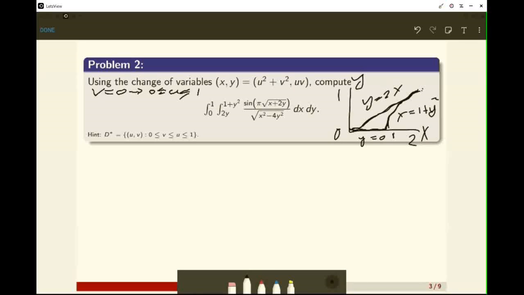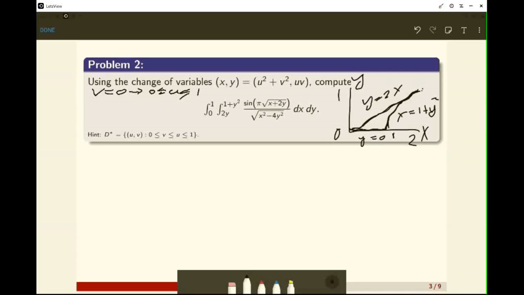Then this curve x equals 1 plus y squared is admittedly going to be much harder to work with.